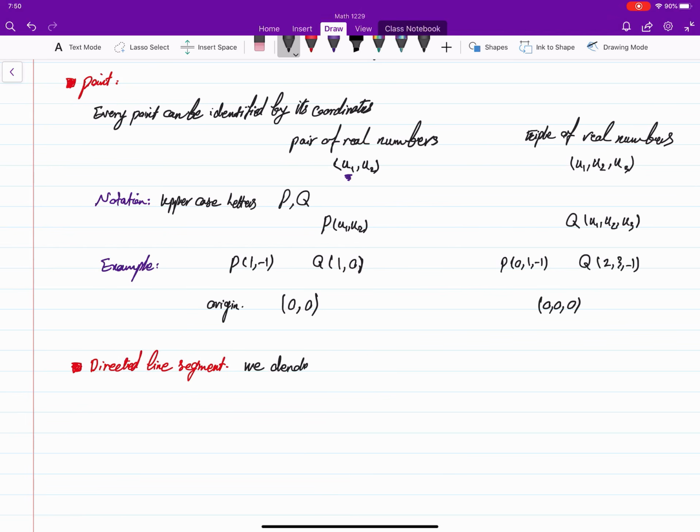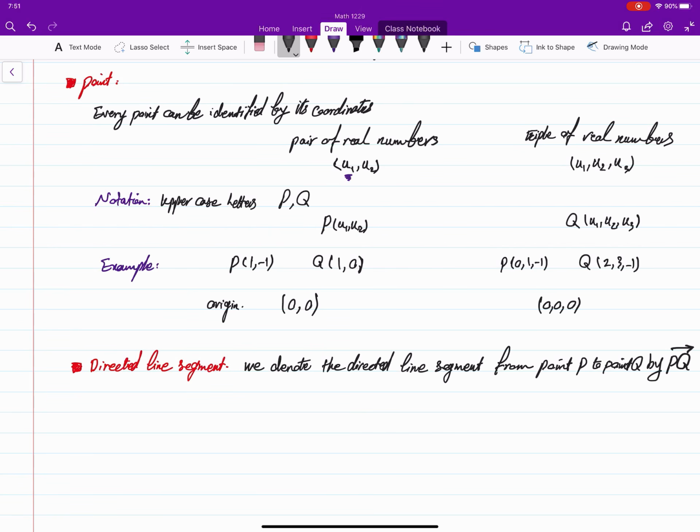It is a line segment, but it has a direction from point P to point Q. We are going to choose a notation: PQ is the directed line segment from P to Q.